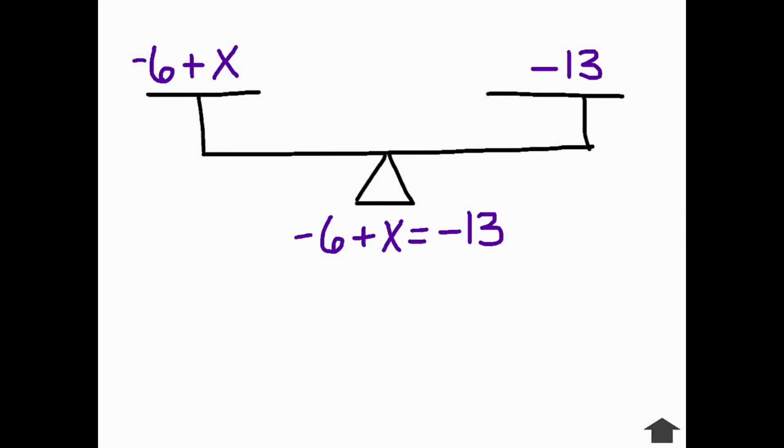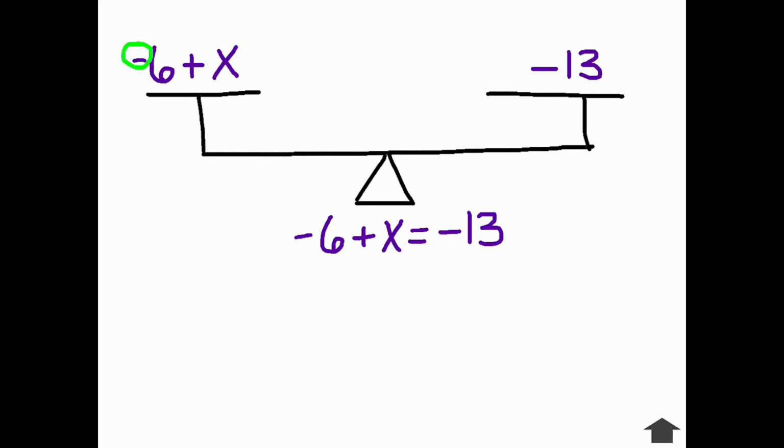Let's try another, this time with negative integers. When we look at negative integers in an equation, we must also take the negative sign into account. In this case, the negative is attached to the 6. We have to ask ourselves, what is the additive inverse of negative 6?